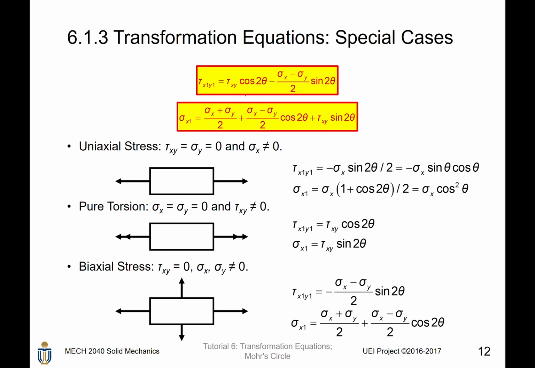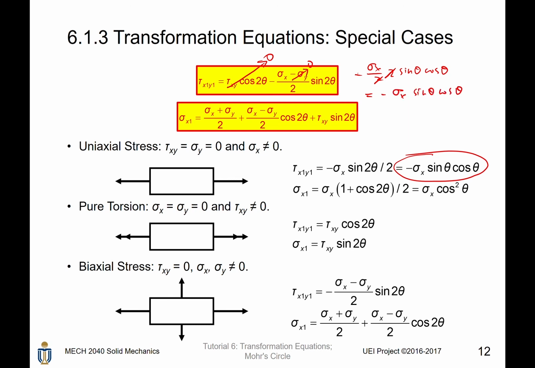Tau xy equals 0, sigma y equals 0. Then what's remaining is minus sigma x divided by 2 times sine 2 theta. But you know sine 2 theta equals 2 sine theta cosine theta. So what's remaining is just minus sigma x sine theta cosine theta.